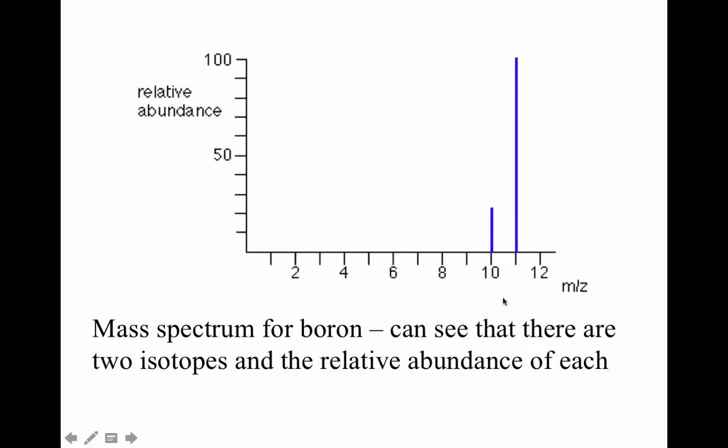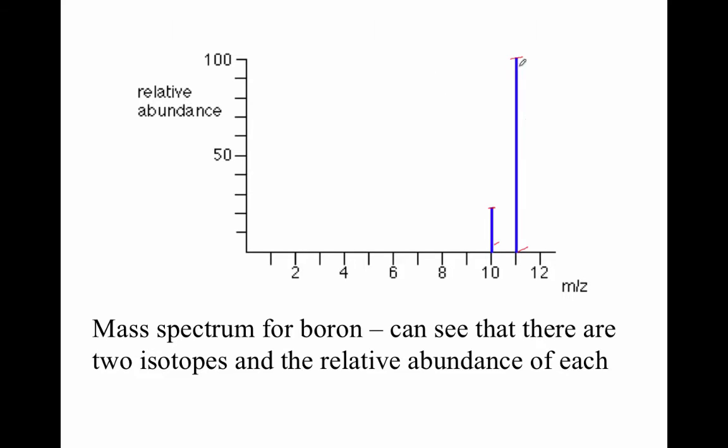Okay, and the same thing we can see for boron because we have two peaks. We can know that boron has two isotopes, boron 11 and boron 10. There is much more boron 11. Looking at the relative sizes of these lines, the last mass spec gave you the percent abundance. Here you would have to figure it out.